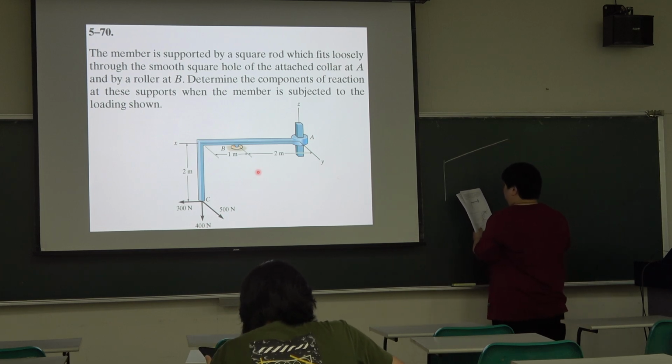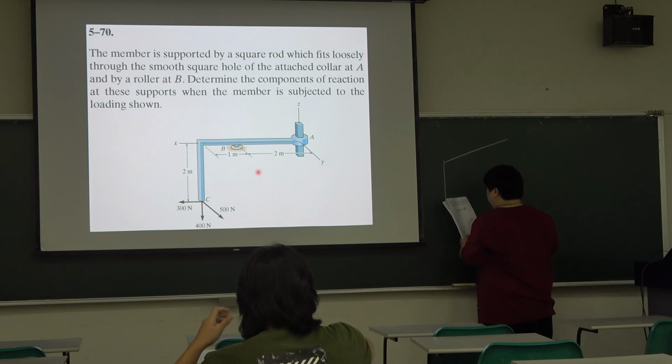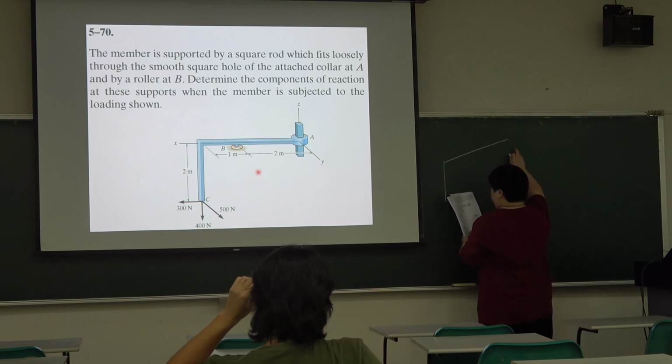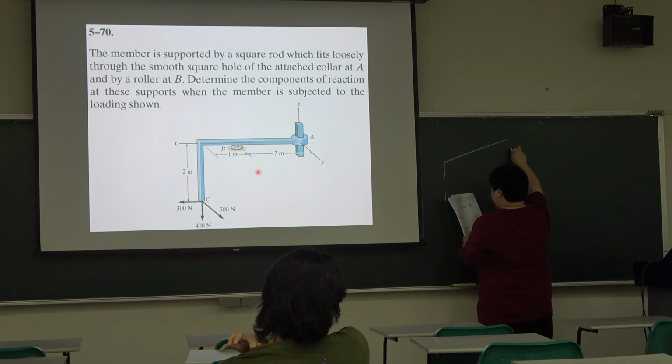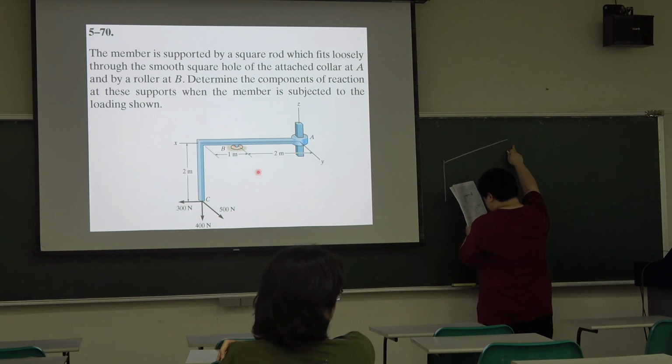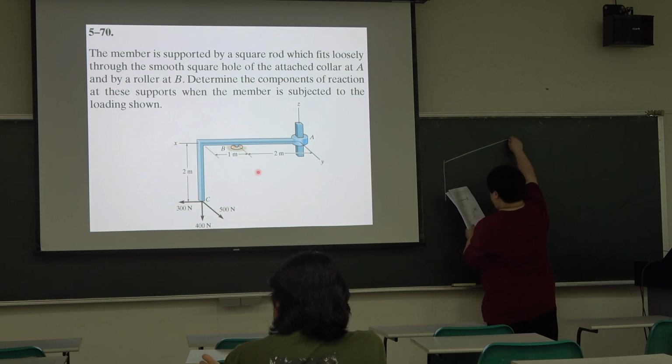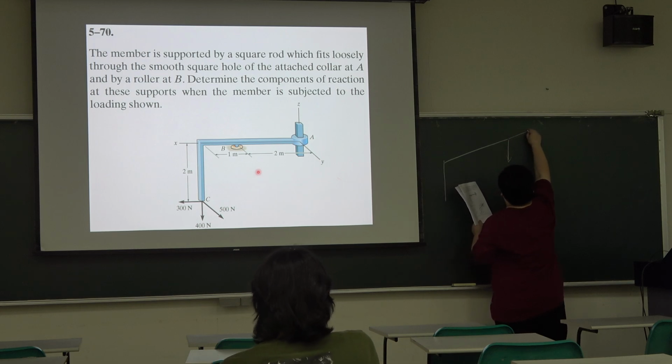Point A is the collar, but the hole is a smooth square hole. So at point A we have maybe three unknown moments. Okay, one is in this direction, one is in this direction.